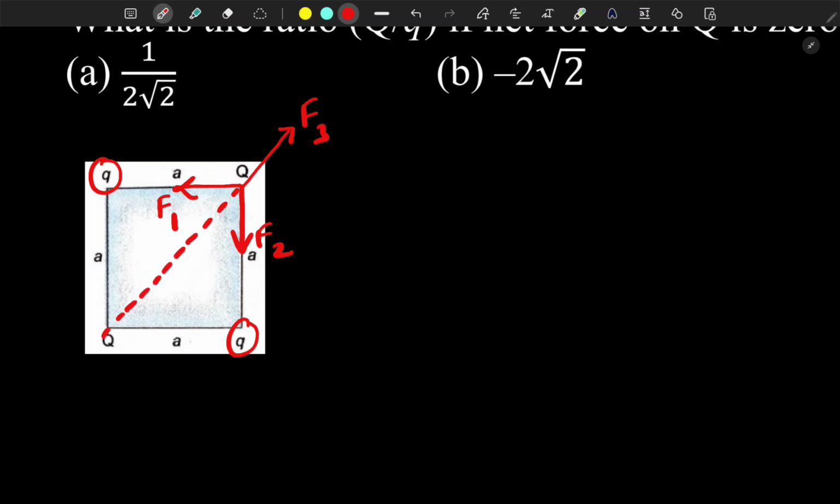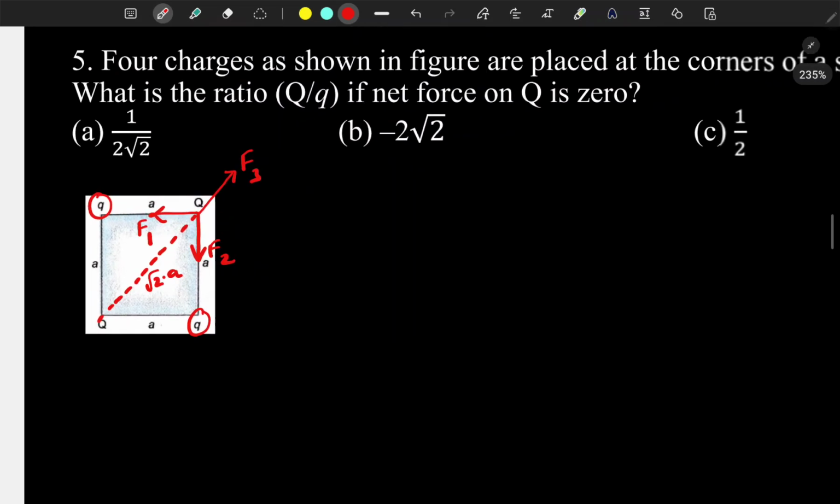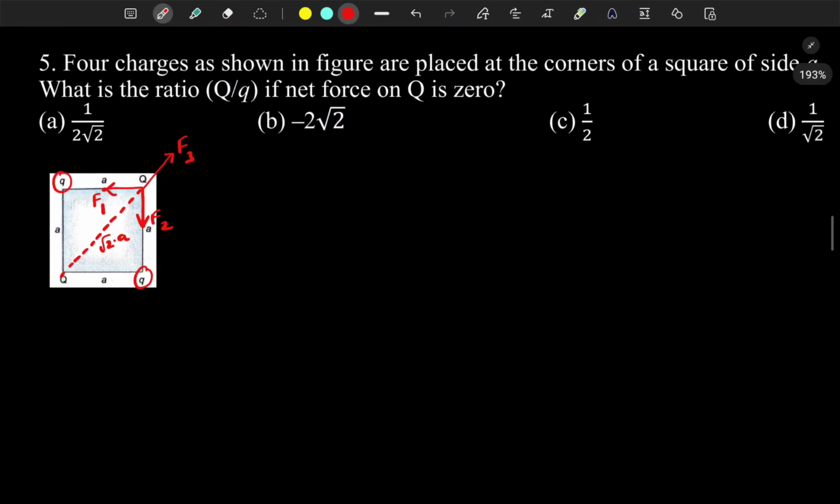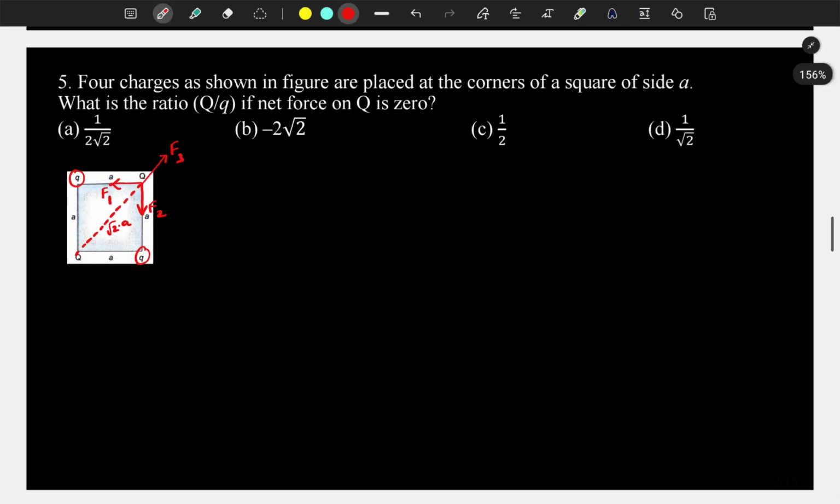that you need to calculate this distance, that will be square root of 2a square, that is root 2 into a, the distance. So if I use Coulomb's law here, what do I get? Let us solve this.